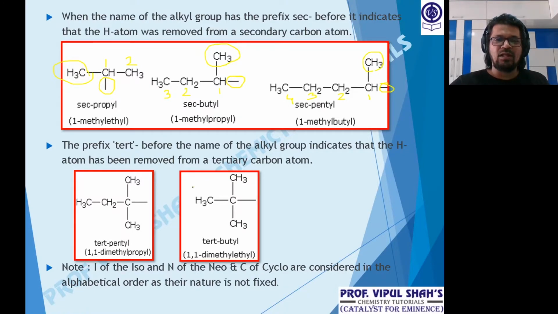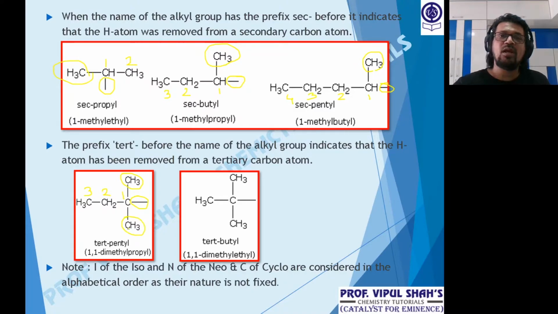Now this part is tert. 1 is directly attached to 3. So 1, 2, 3, 4, 5, common name tert-pentyl. Where to number? From where the valency is short, from here. So look at this please. 1, 2, 3. And at 1 I am having 2 branches, a methyl up and a methyl down.